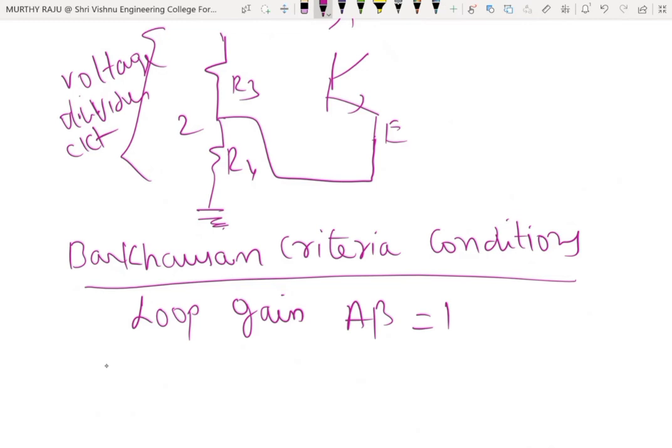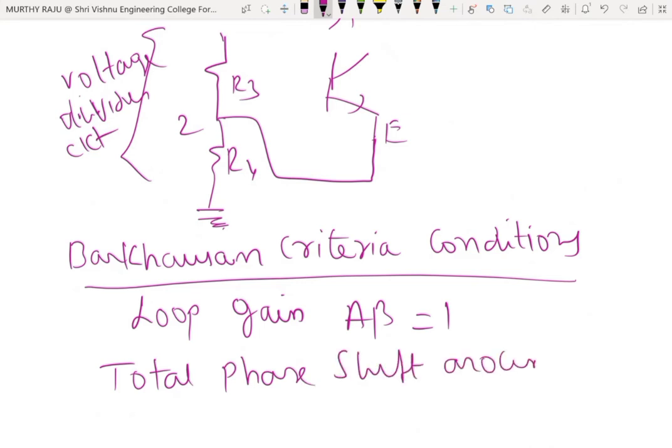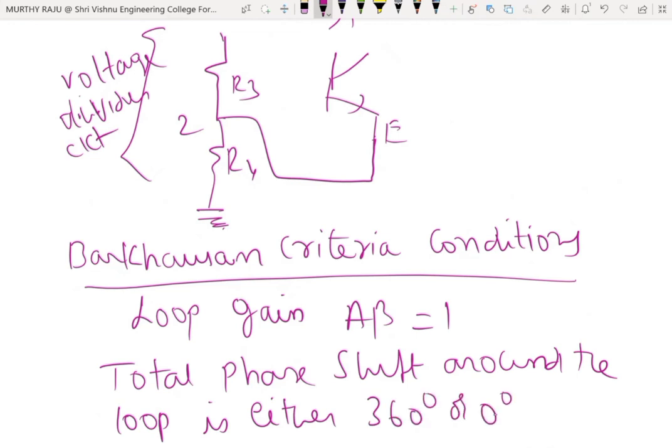Total phase shift around the loop is either 360 degrees or 0 degrees.